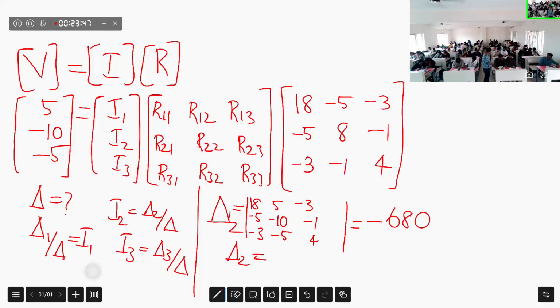So the del 2 value is minus 680. Check again: minus 680.